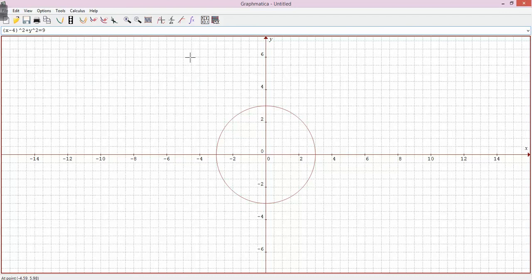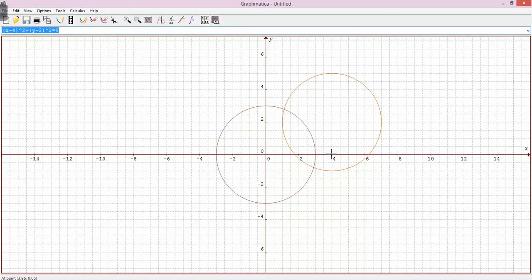And let's say we're going to go up 2. So y minus 2 squared. Keep the radius the same. Okay, let's have a look at that.